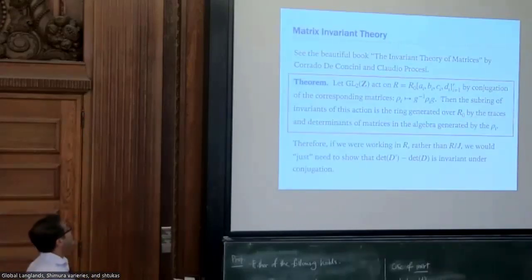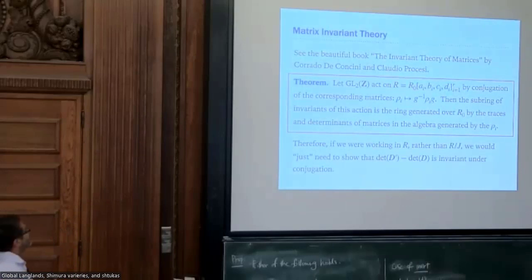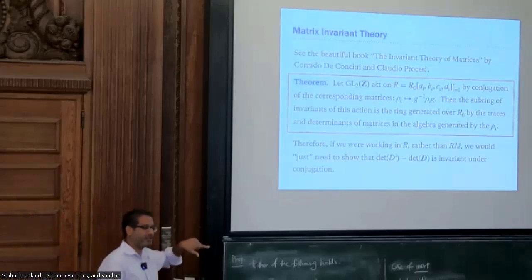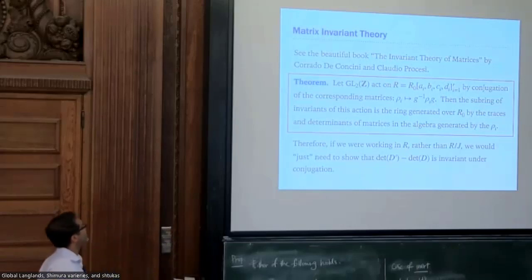And for this, there's a beautiful theory that I had no idea about, but I discovered it trying to do this work. I discovered it because there was a MathOverflow question that asked how you determine the invariants of this ring, and someone said you should look at this book.